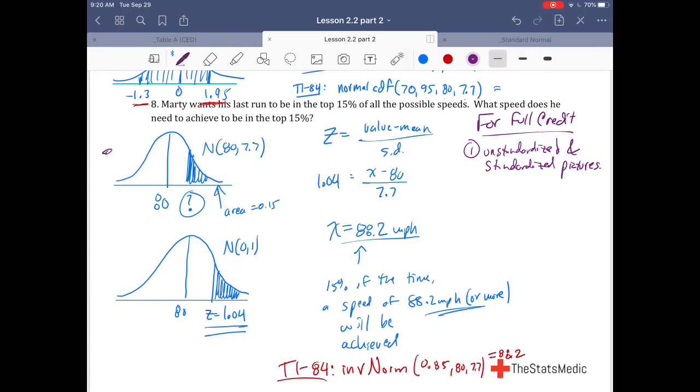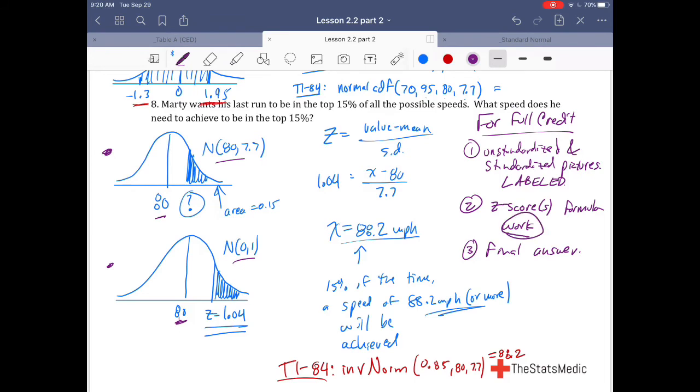In other words, here's your unstandardized and here's your standardized. You need them both labeled with proper notation, as well as your mean and whatever critical values you're talking about. You're going to need your z-scores and the z-score formulas, your work, and you're going to need your final answer.